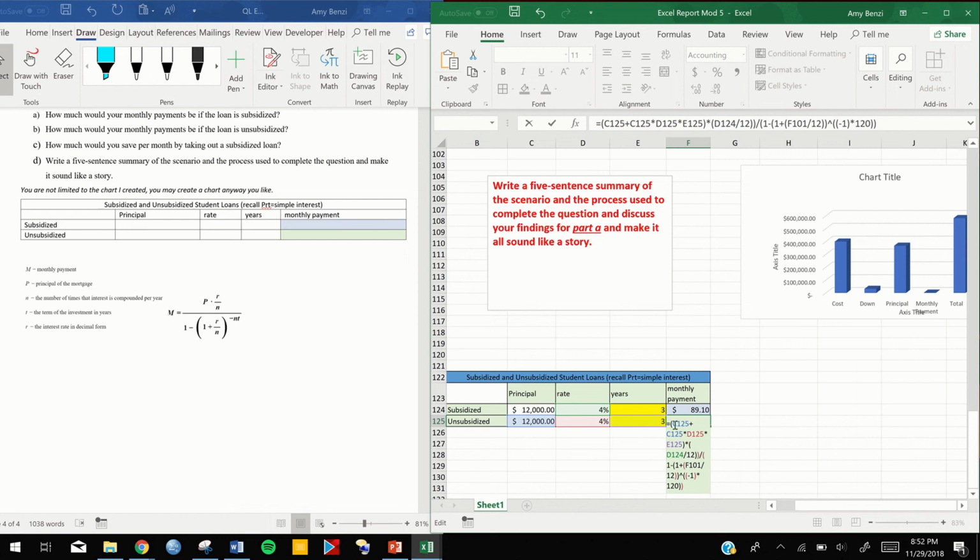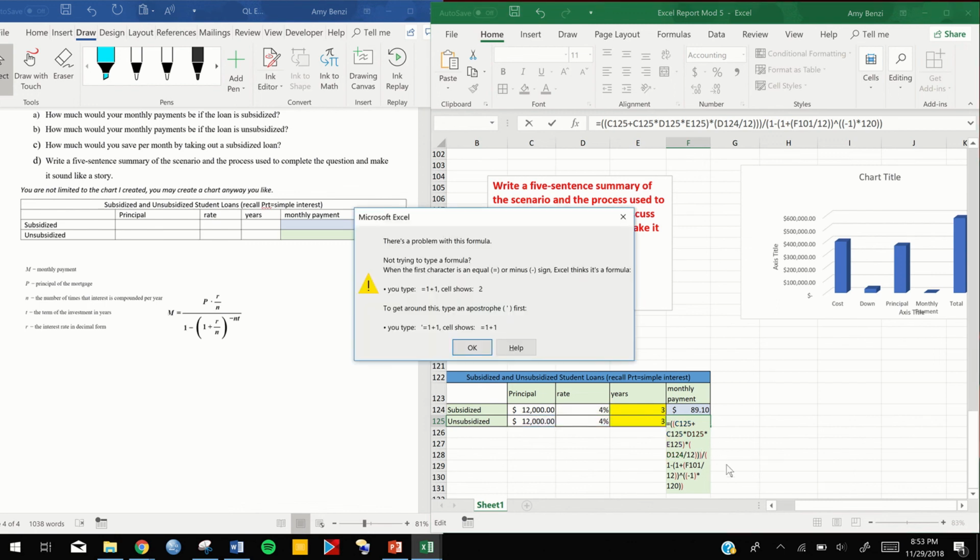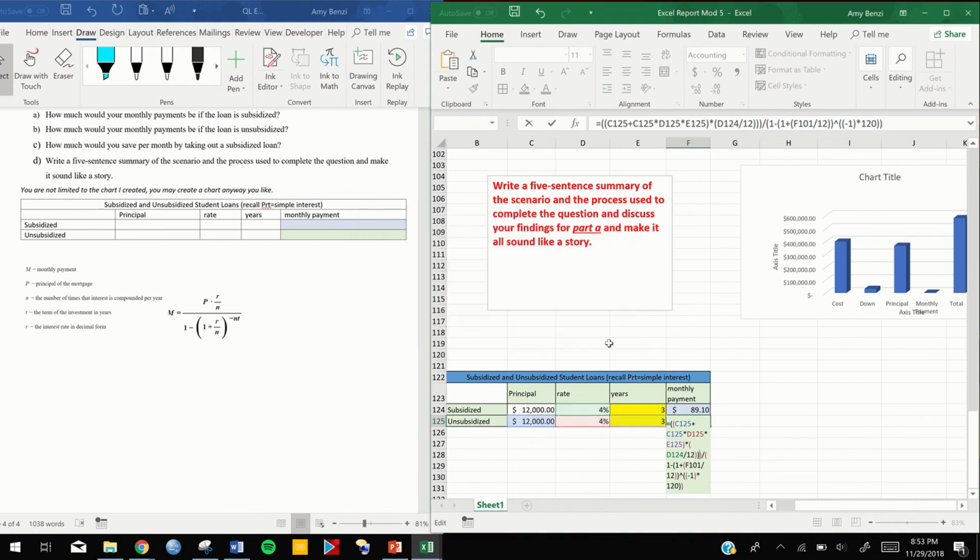All right, so here's where the trouble is. Now this whole entire big thing is my numerator. So I need to put parentheses around all of that. And let's see if, nope. All right, I'm going to pause the video for a second, guys.